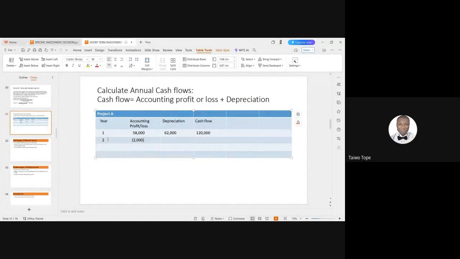Your depreciation is 62,000, and your cash flow will give us 60,000. For year three, the accounting profit is 4,000, depreciation is 62,000, and your cash flow will be 66,000.